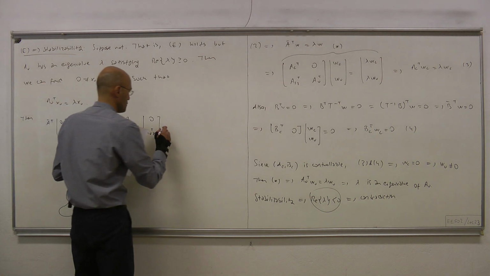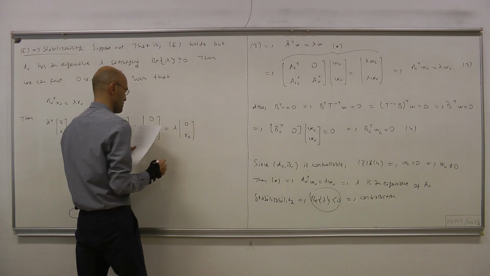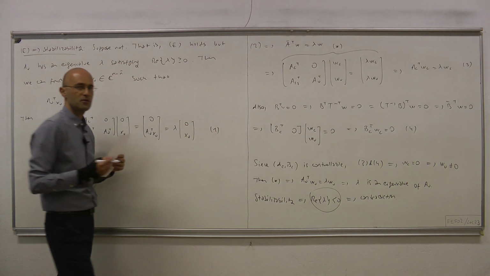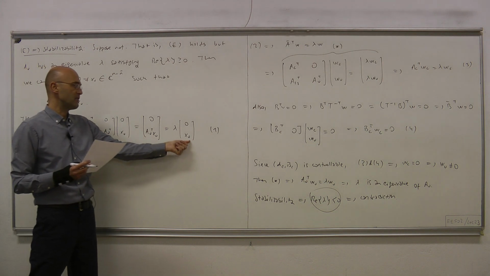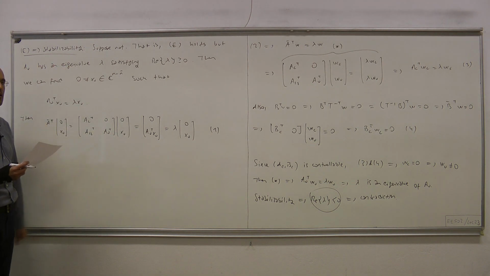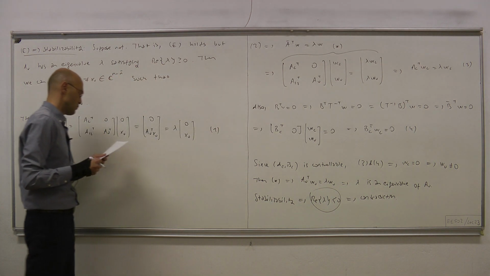Therefore, this we can write as lambda times [0; XU]. Okay. So what we have shown is that this vector, [0; XU], is an eigenvector of A bar transpose. Okay, so that's our equation 1.